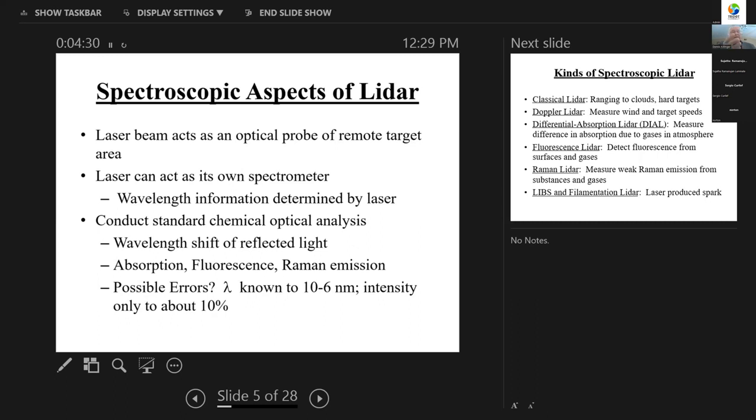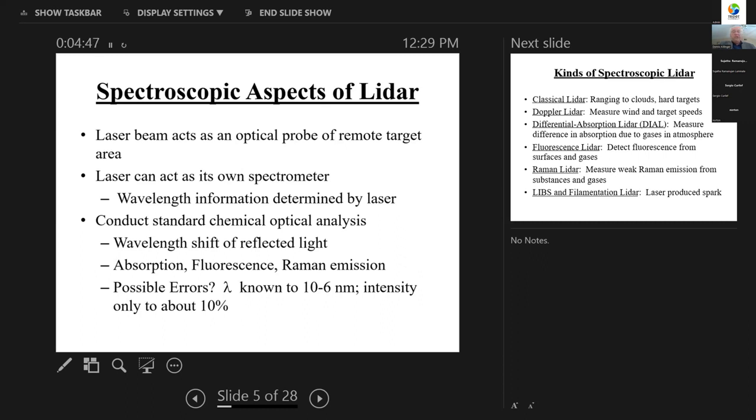And what I put down here, just to put in a clue, because there are possible errors, normally we know the wavelength of the light to about 10 to 11 significant figures, but it's the intensity that may not be known.